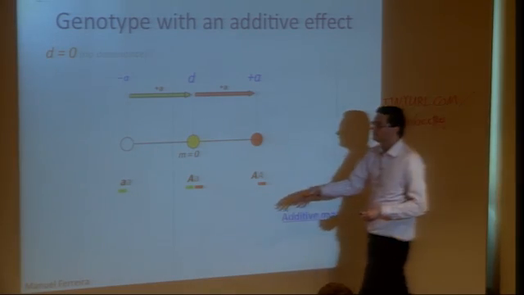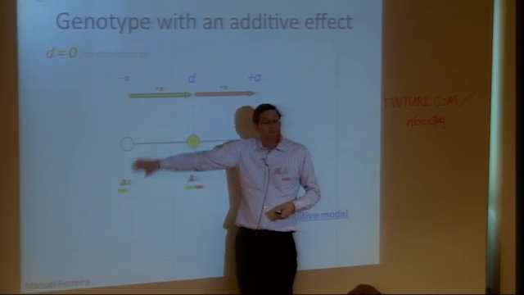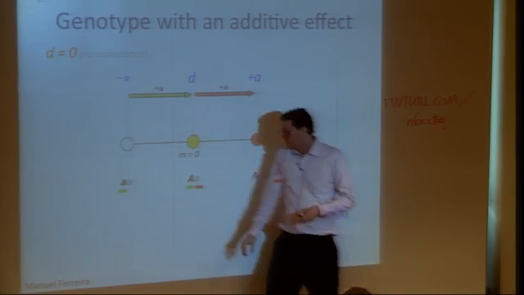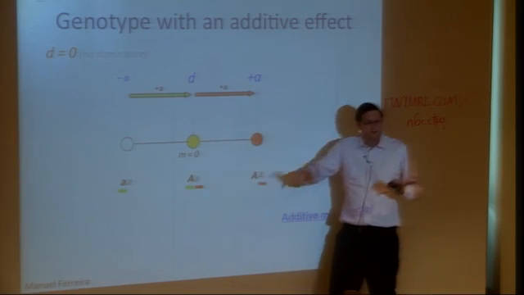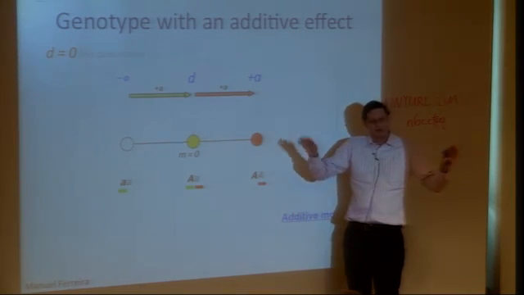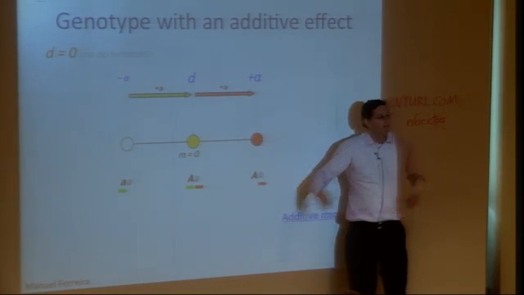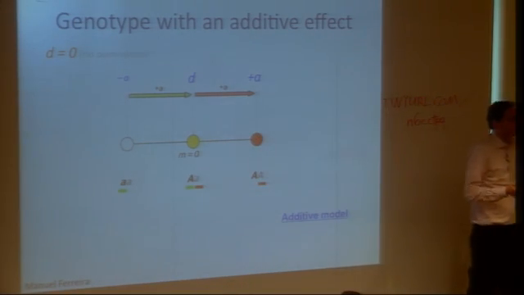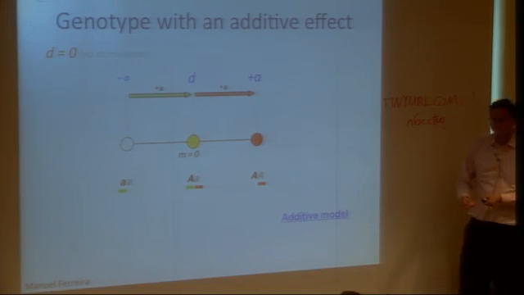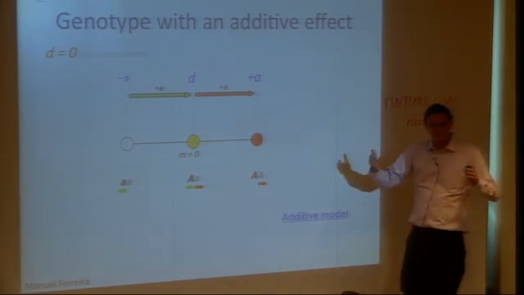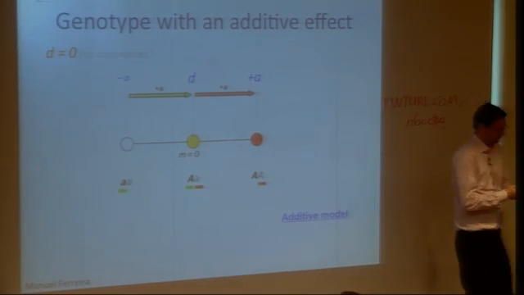So if you take all of the individuals with little a little a, on average, their mean will be at minus A. If you take the heterozygotes, their mean will be at basically 0, though there's a little correction for the overall grand mean, and we'll get to that in a moment. And then big A big A will have a plus A of the effect. This is basically thinking about the beta on a regression for that individual SNP. Same sort of concept, and that's exactly the thing that we're going to do with respect to the practical a little bit later on today.